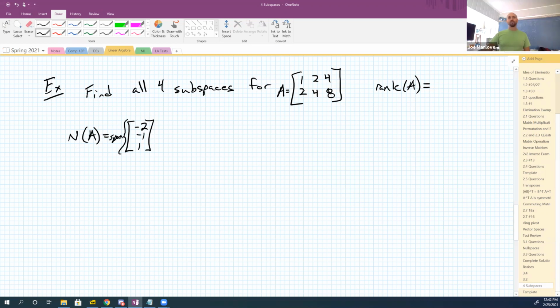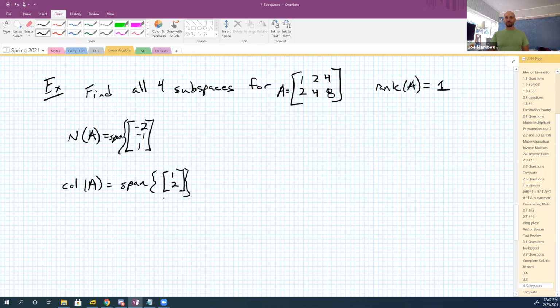Yeah, perfect. There's really this 1, 2 column and then scalar multiples of it, right? So I think the rank of A is going to be 1. And because you know what that one independent column is, you also just found the column space for me. And so the column space of A is the span of the vector 1, 2.